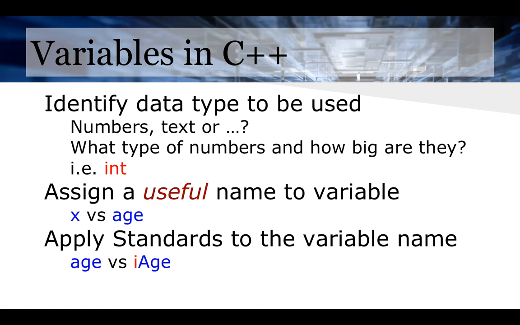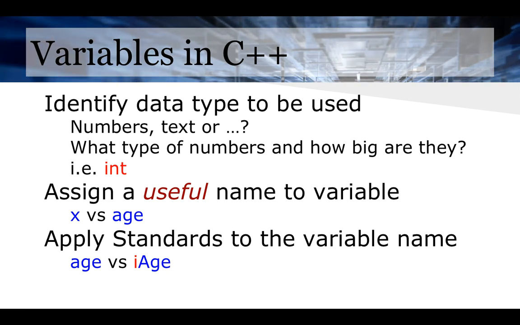So let's say that you want to store someone's age. Well, you can use the variable name just like in math, right? X, Y, Z, F, G, whatever. Or you can use the label of age. That's right. You can name your variable age, and that means something because you're going to be storing the age of a person.